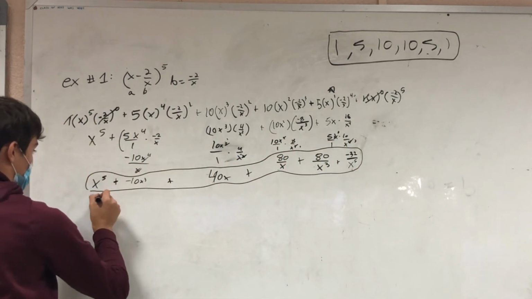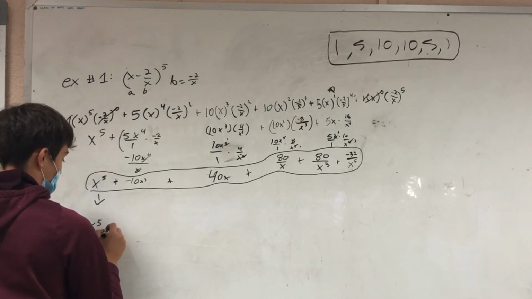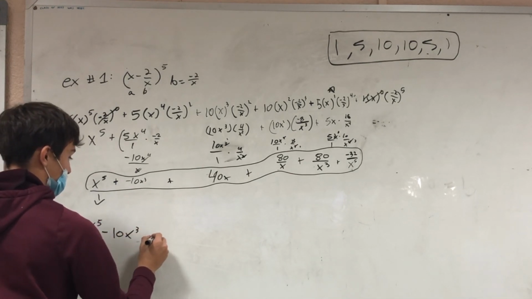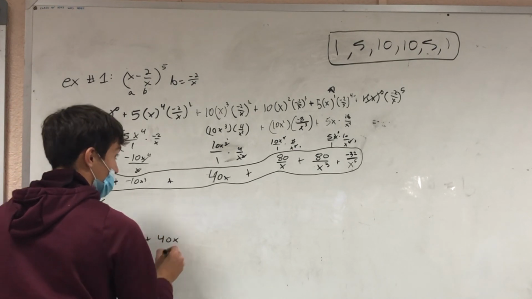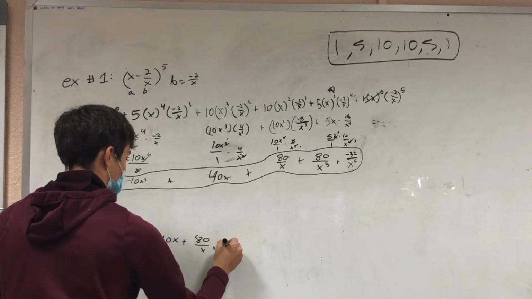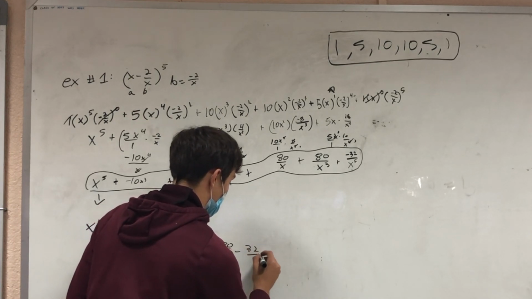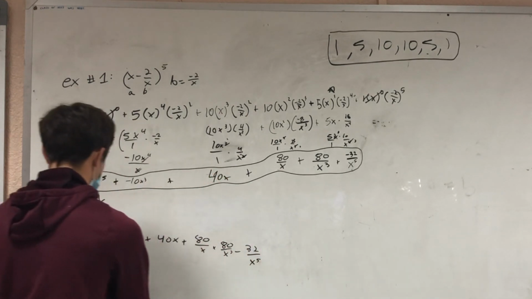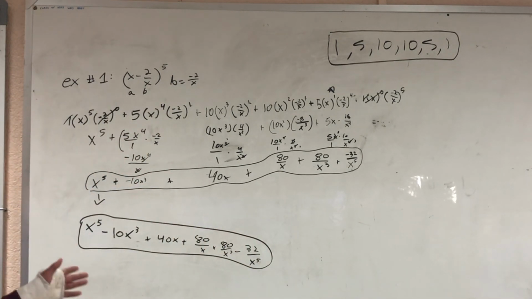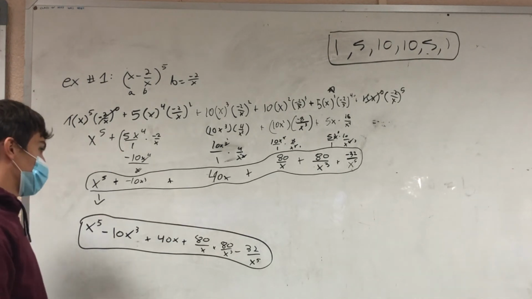So let's go transfer this thing down so everyone can see this nice and clearly. x to the 5th minus 10x cubed plus 40x plus 80 over x plus 80 over x cubed minus 32 over x to the 5th will be your final answer. As I warned, this is considered to be a pretty difficult IB style question, but it is something that we should all nonetheless be prepared to answer.